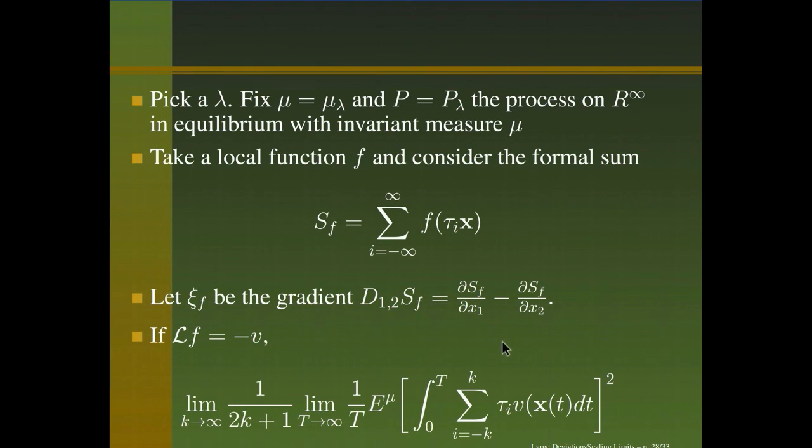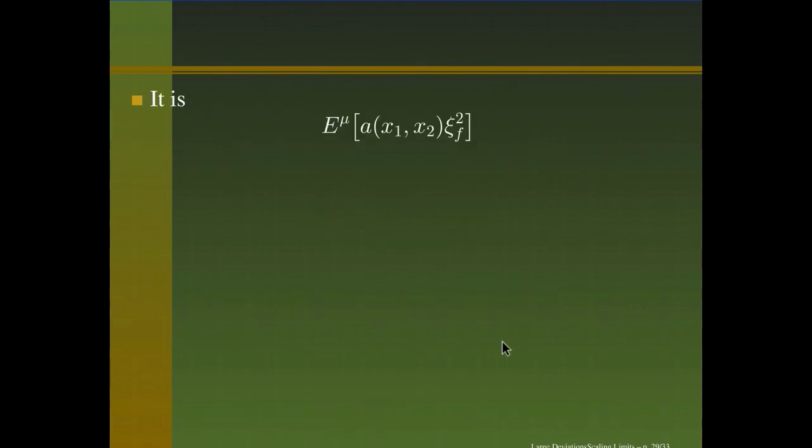And if you have a function v, which is L of f, and you want to compute the central limit theorem variance, you can compute it and it leads to the norm, which you can think of as the norm in your space of a times cf squared. This is just an easy computation of the Dirichlet form of something that's a translation invariant object.